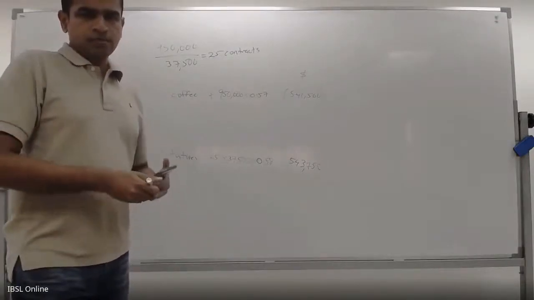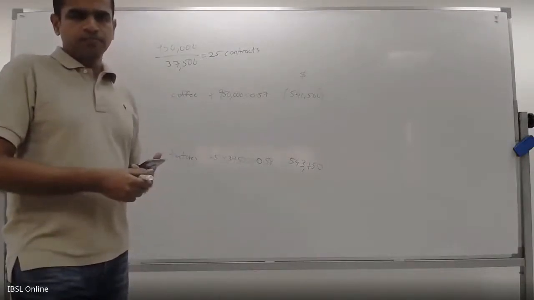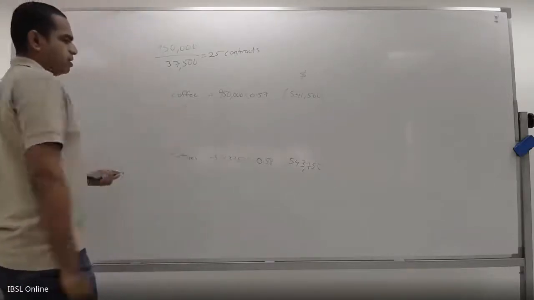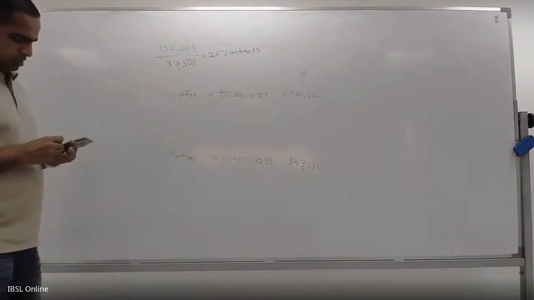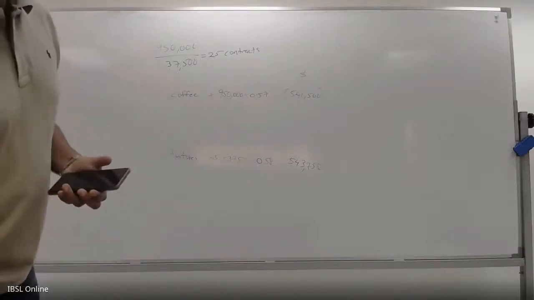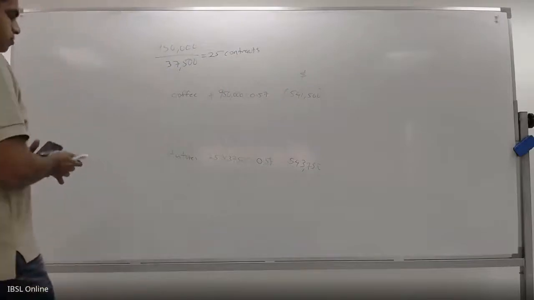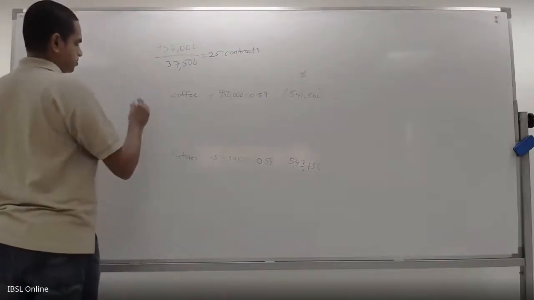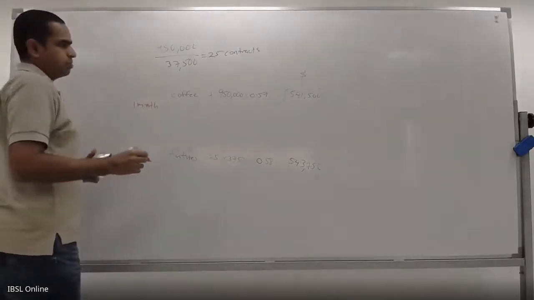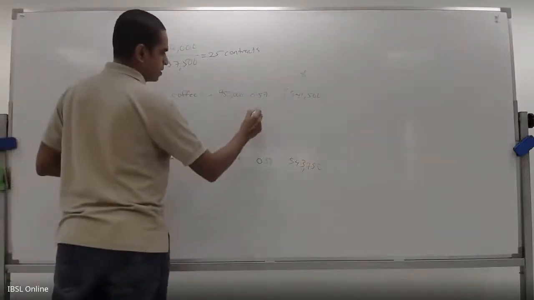For the next month, the price of coffee falls. Right. So after 1 month, what happens? In 1 month, coffee price has fallen to 51 cents.